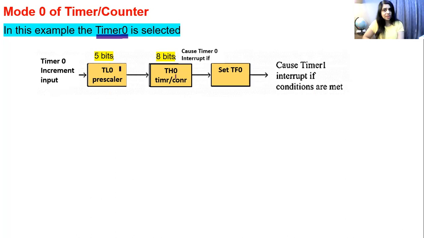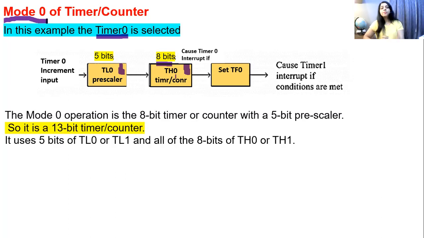You know that both are of 8 bits, but we are using the full 8 bits of TH0 and only 5 bits of TL0. The size of TL0 is actually 8 bits, but we are not using all 8 bits, only 5 bits of TL0 in mode 0, because the designer has designed it that way.